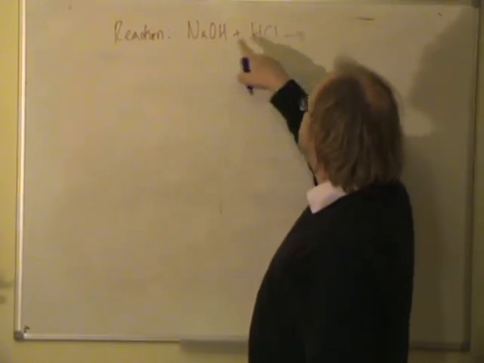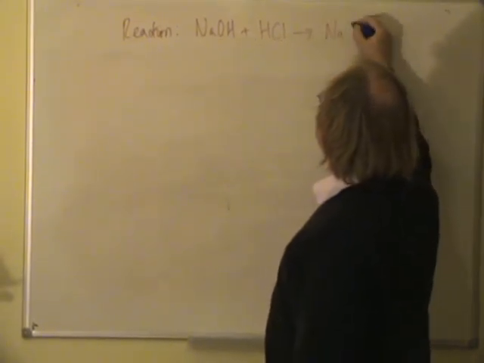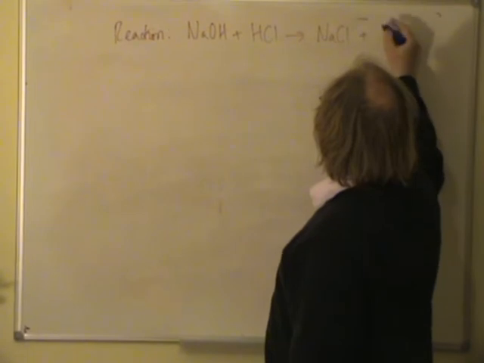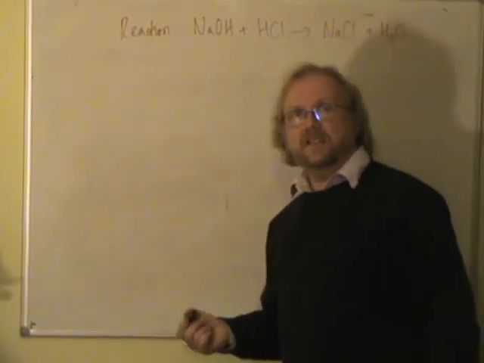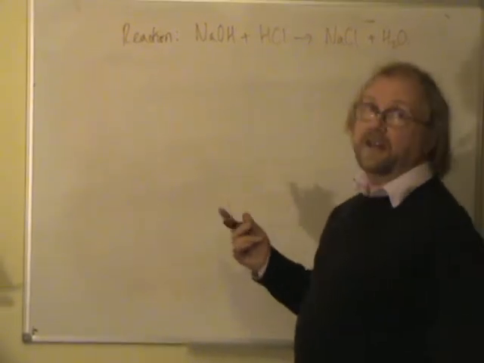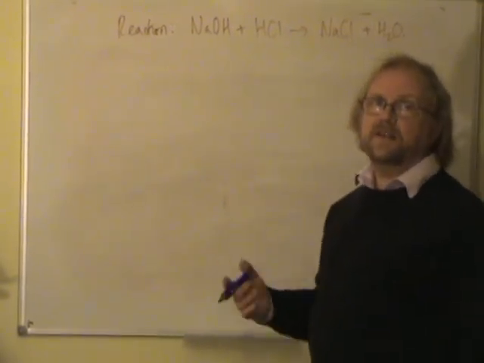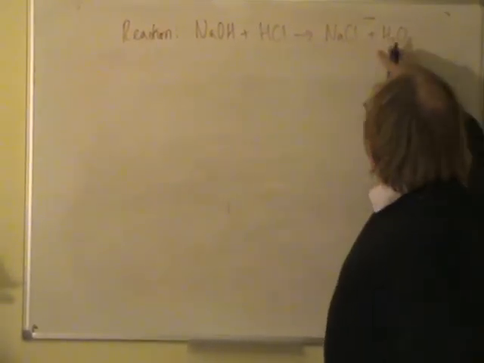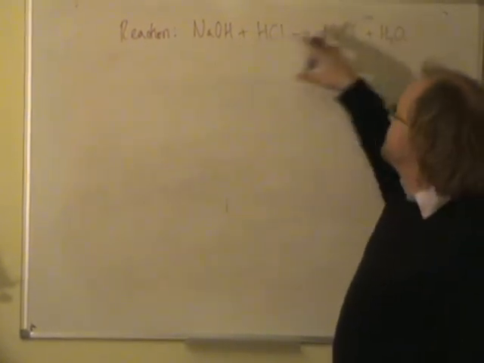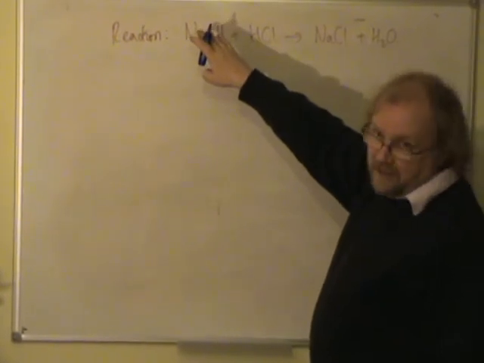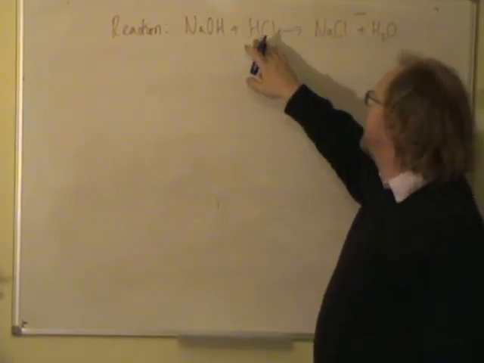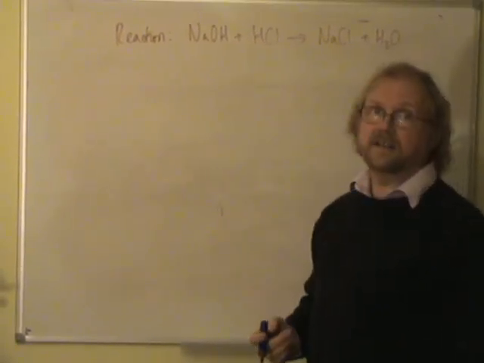Sodium hydroxide plus HCl goes to the salt, sodium chloride, plus water. Okay, and we're going to measure delta H of neutralization. For that, remember, it's defined as the enthalpy change per mole of water formed. But because this is a nice easy reaction, the moles of water formed is the same as the moles of sodium hydroxide and the moles of HCl that react.